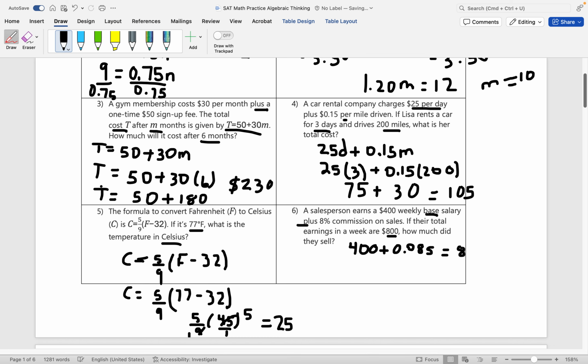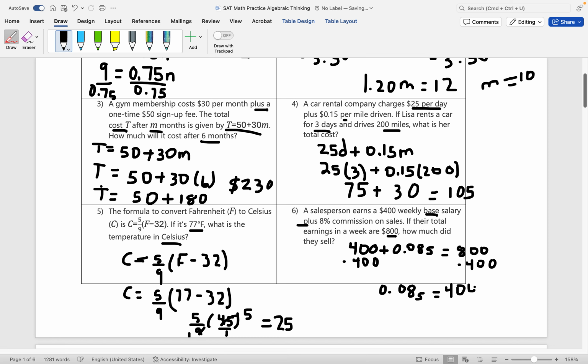The question is, how much did they sell? So we have to solve for S. So now this is my two-step equation. I'm going to subtract the 400 from both sides, and now I get that 0.08 times S, remember that's S for sales, equals 800 minus 400, which is just 400.